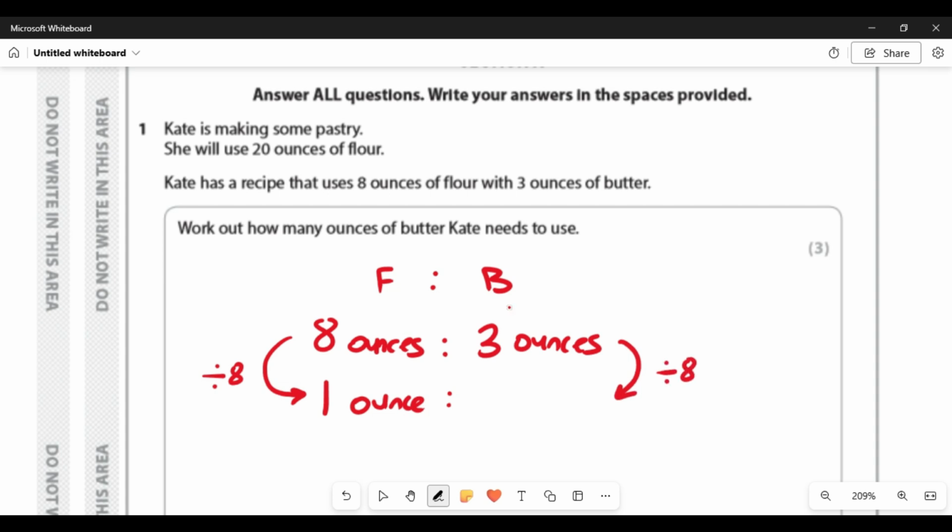Without the calculator, I wouldn't recommend doing 3 divided by 8, you'd be there quite a while. So instead, let's do 4 ounces, because to get from 8 to 4, all you do is halve it. So if I halve 3, which is much easier now, half of 3 is just 1.5.